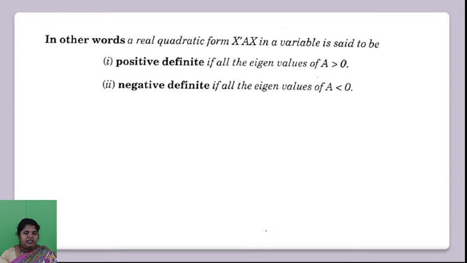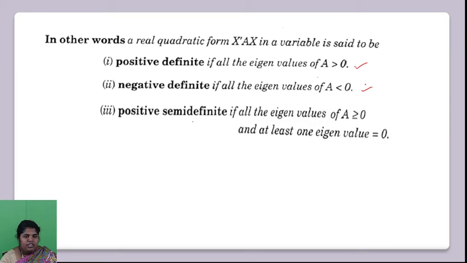In other words, a quadratic form is said to be positive definite if all the eigenvalues are greater than 0, and negative definite if all the eigenvalues are less than 0. Positive semi-definite if the remaining eigenvalues are greater than 0 and only one value is equal to 0.